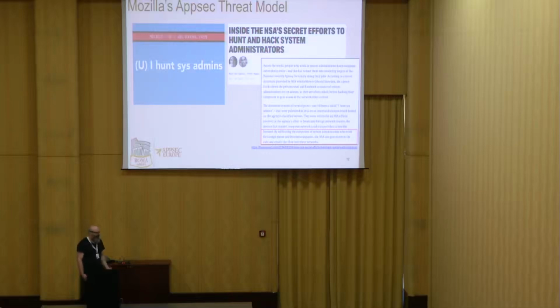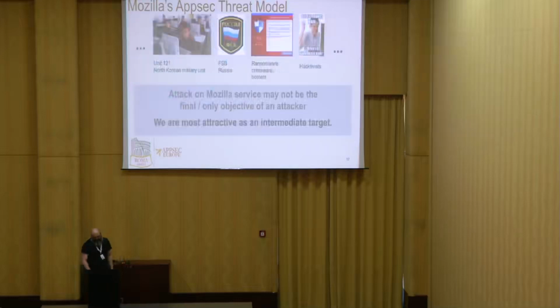It doesn't always seem like that every day, but this is the reality now. And so it says, by infiltrating the computers of system administrators who work for foreign phone and internet companies, the NSA can gain access to the calls and emails that flow over their network. So they have active programs for this.